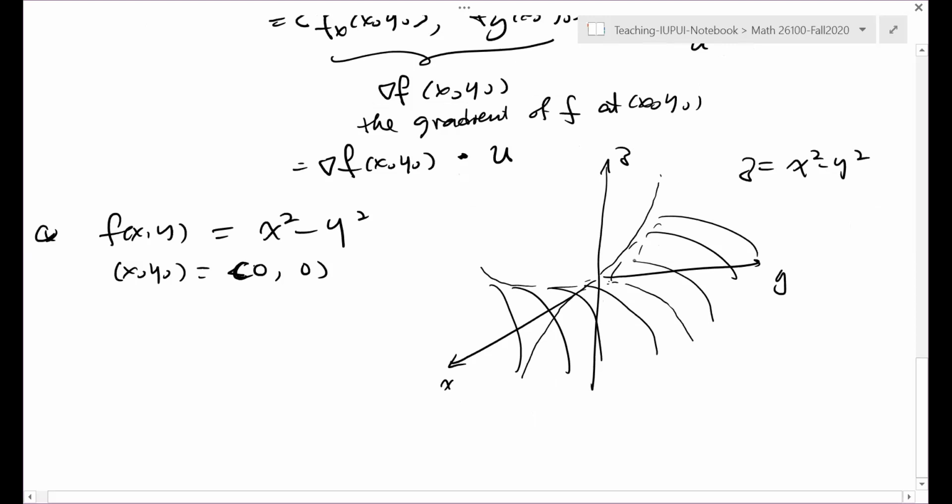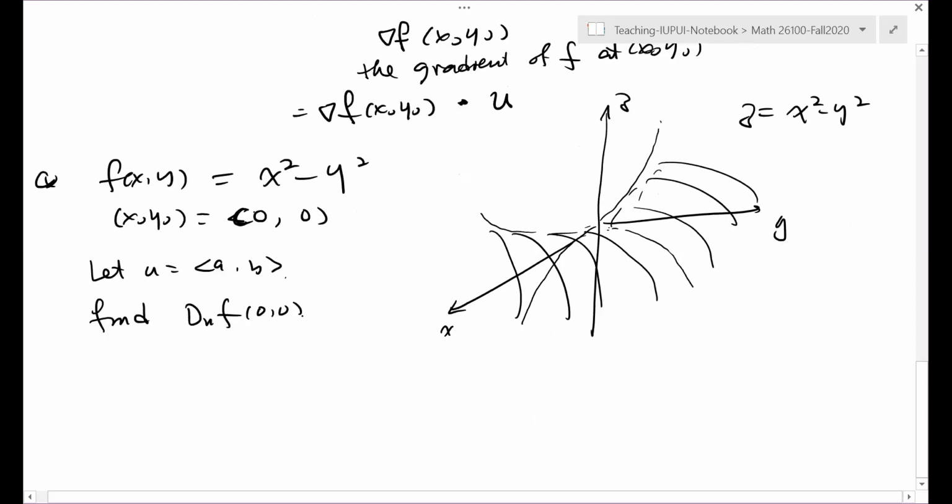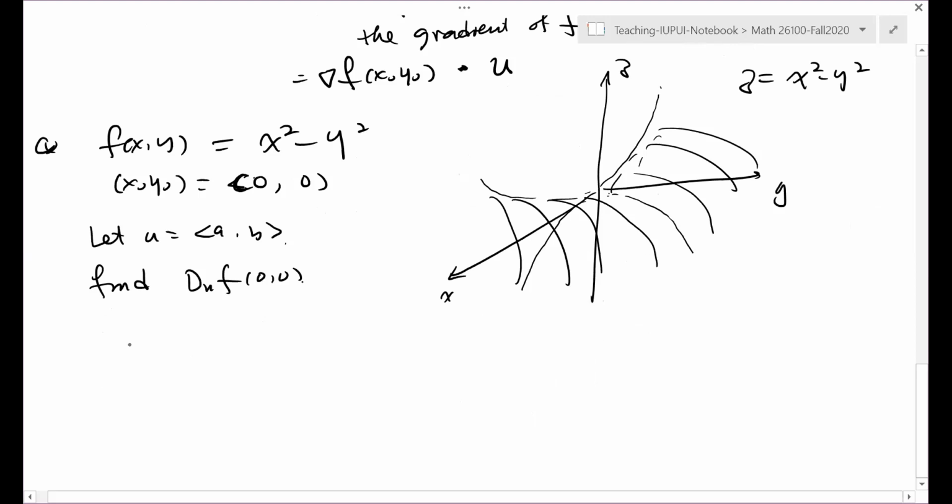All right, so let's find out. Let u be an arbitrary vector. Let's find the directional derivative at that particular point. All you have to do is find the partial derivatives.